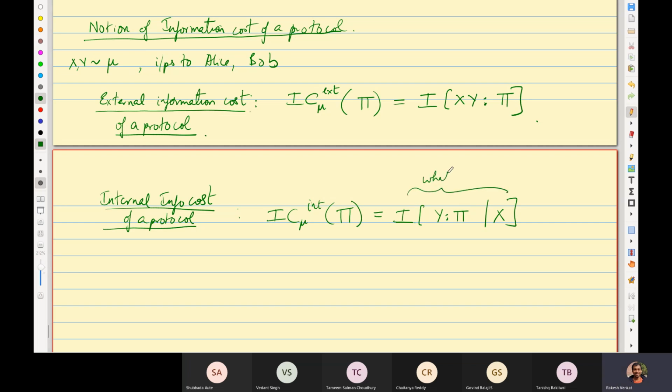So this is what Alice learns. And this is what Bob learns.